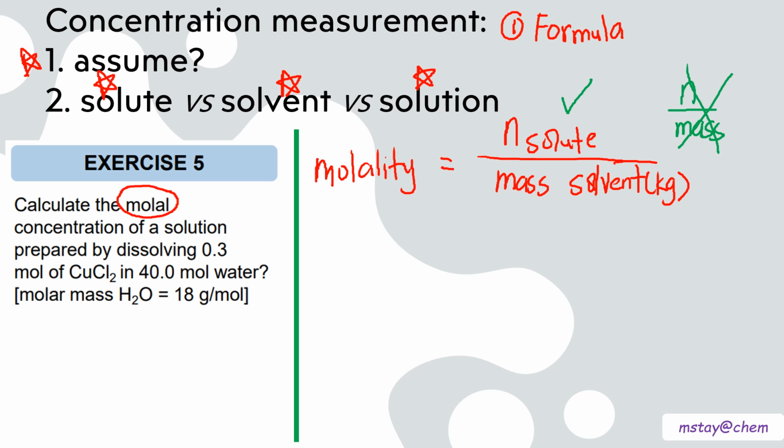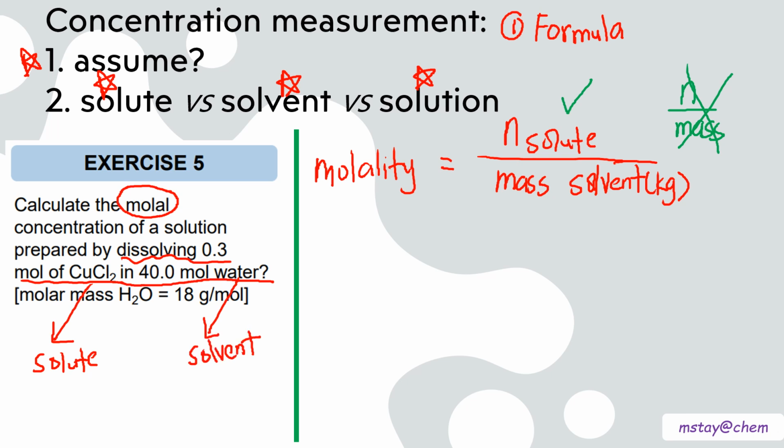Okay, then we continue reading the question. By dissolving 0.3 mole of copper 2 chloride in 40 mole of water. When you read this question, you will get the idea: copper 2 chloride is the solute and water is the solvent.